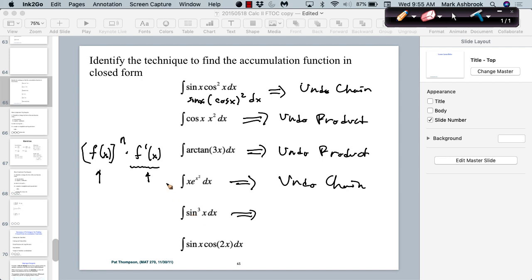If I pull away one sine, I'm looking for then powers of what? Powers of cosine inside, right? But I've got sine squared. So if I can change that sine squared into any power or sum of powers of cosine, then I've got it because sine is my f prime, derivative of cosine to any power. Does this make sense?